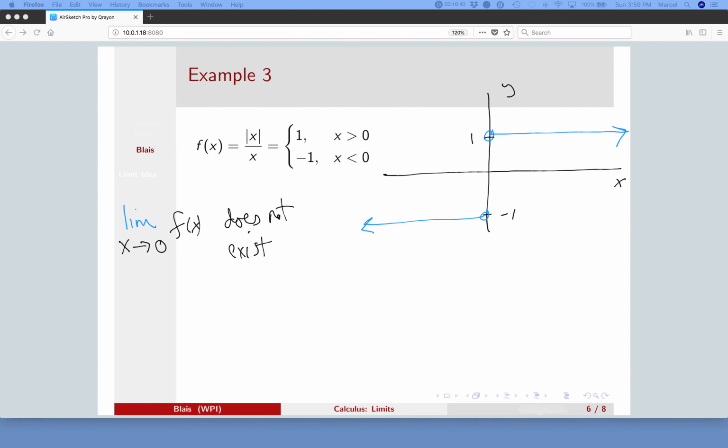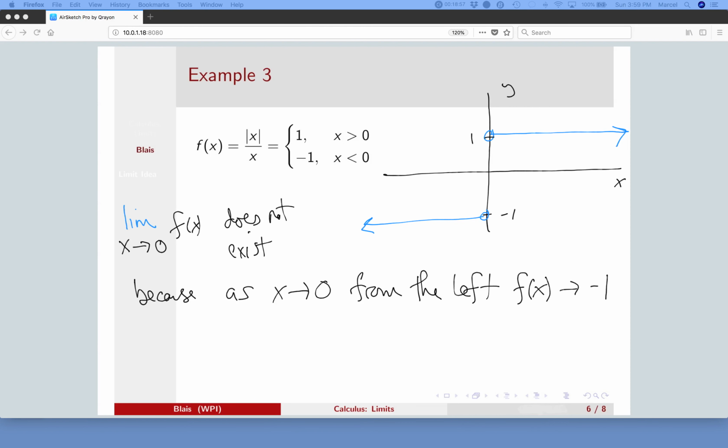The overall limit doesn't exist because as x goes to 0 from the left, f of x is approaching minus 1, and as x goes to 0 from the right, f of x is approaching 1.